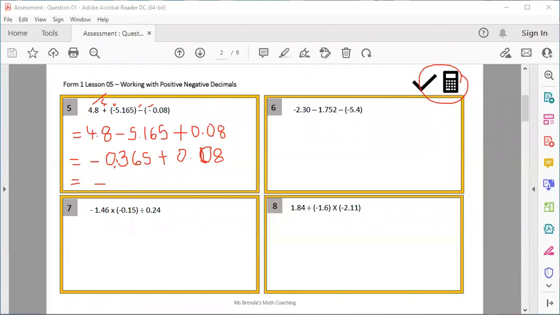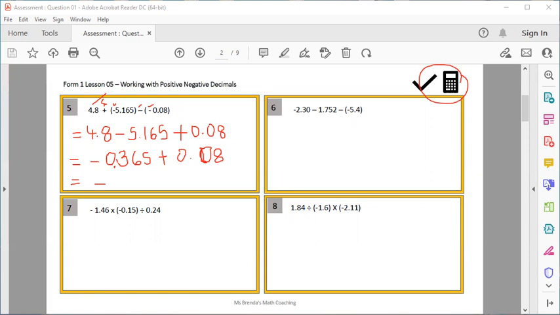Okay, 4.8 minus 5.165. That is negative 0.365 and then plus with 0.08. How did you all get such weird numbers? 0.4445.